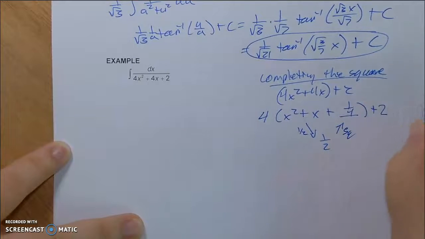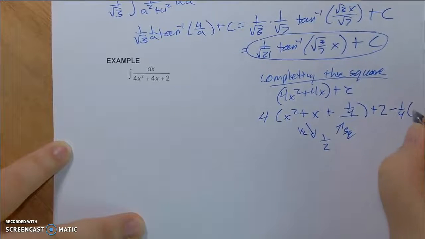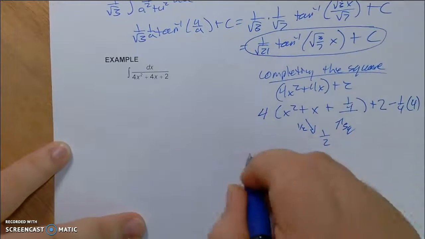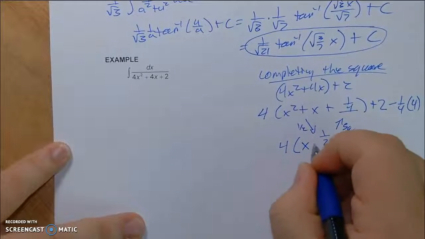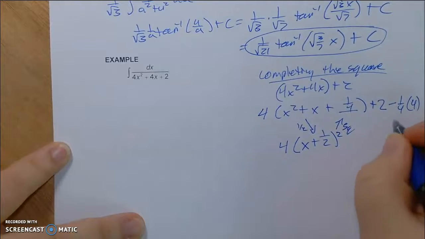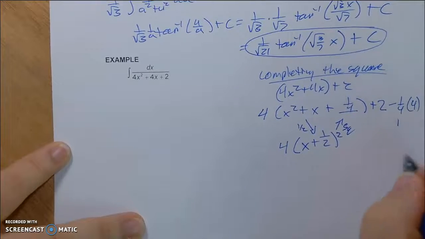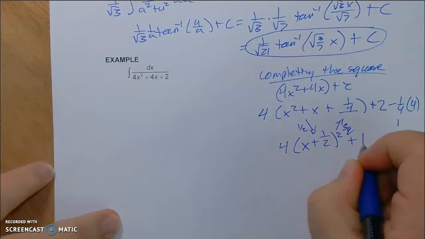We get 1/4. So we added 1/4, we're going to subtract 1/4. How many times? 4. This factor's easy, it's x plus 1/2 squared. I like to use this little space to do the quick calculation here. That's just a 1. So 2 minus 1 is 1.